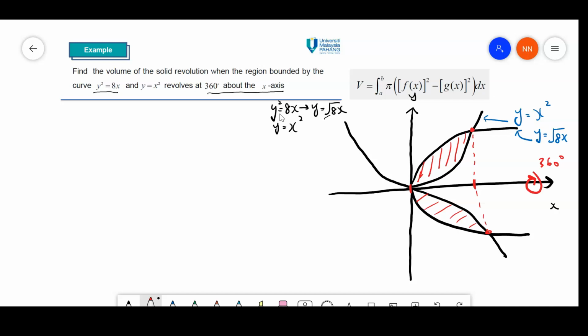inner radius and also outer radius. So if I make a circle, okay, let's say this will be your center here.